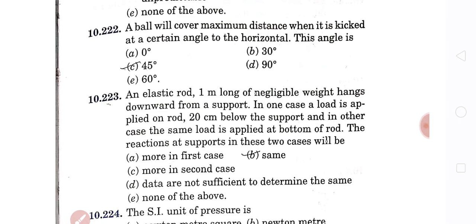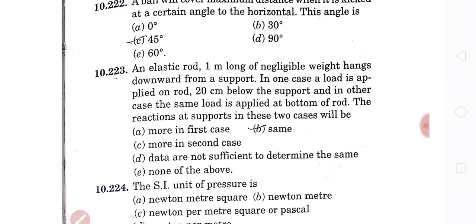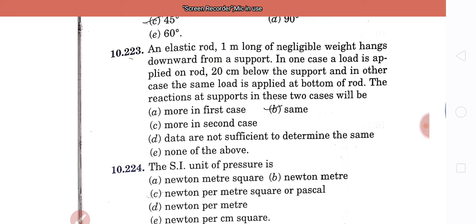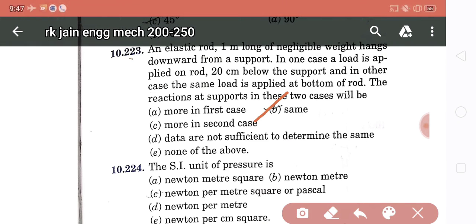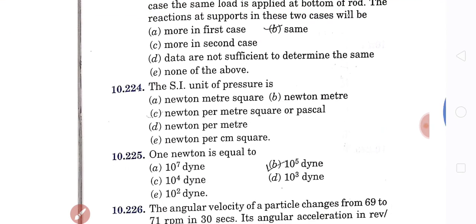In one case, a load is applied on the rod 20 cm below the support, and in the other case the same load is applied at the bottom of the rod. The reaction at support in these two cases will be the same. Answer will be B.